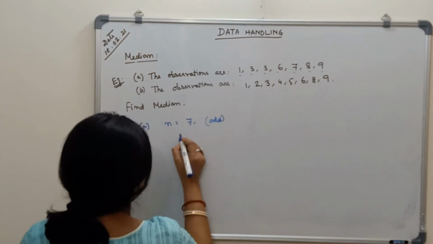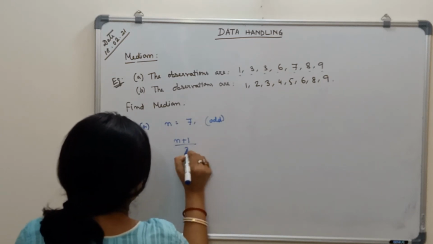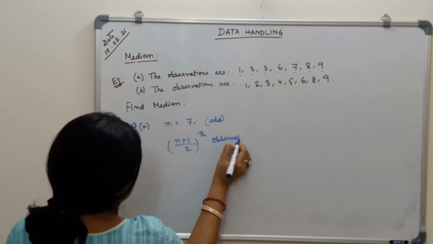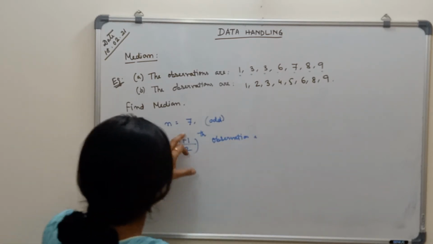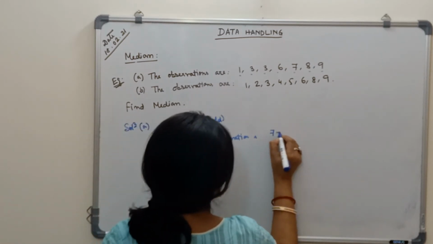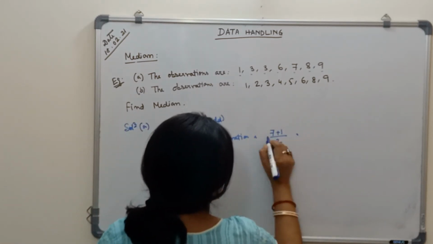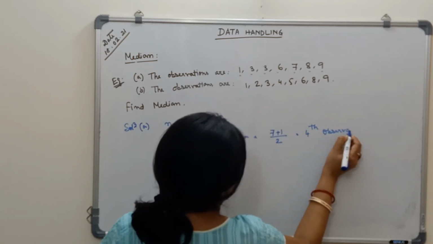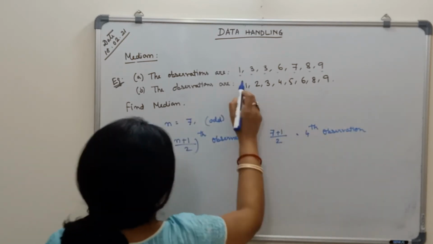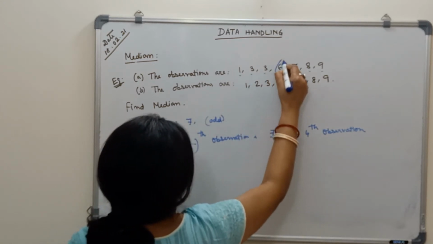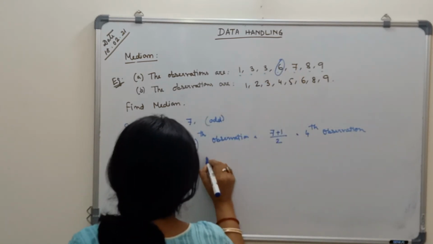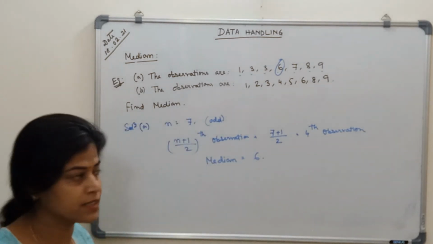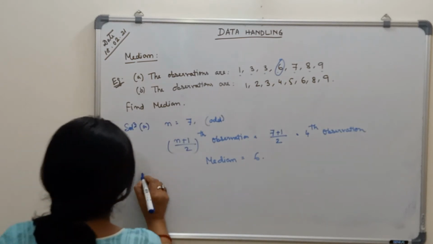For odd we need the (n plus 1) by 2th observation. N plus 1 means 7 plus 1 by 2, that is 8 by 2, that is the 4th observation. What is my 4th observation here? 1, 2, 3, 4. 6 is the 4th observation. So here the median is 6.